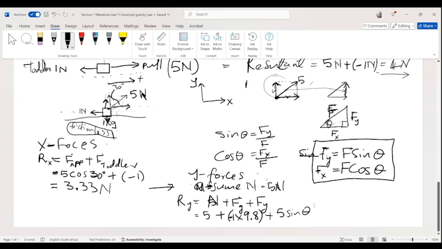The answer is minus 2.3 newtons. What does it mean? It means the resultant force is downwards. The resultant force is downwards.